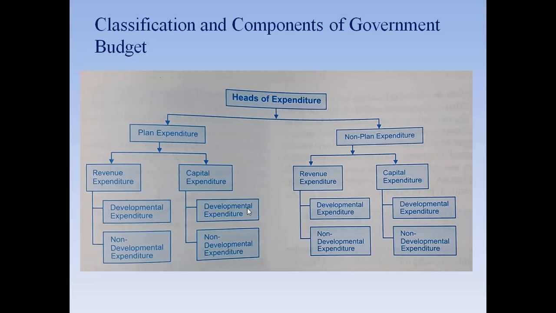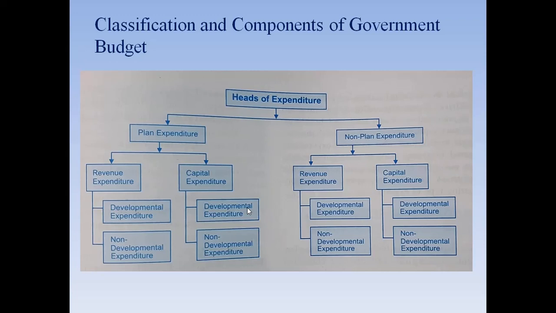If the government decides to set up optical fibers in different areas of our country where there is poor network, that is also developmental expenditure because it is a one-time expenditure, right? Now the non-developmental expenditure, again the same thing: the government can make the payment of a loan.